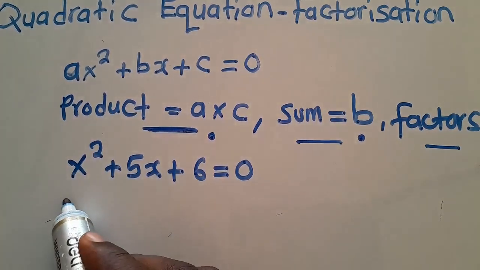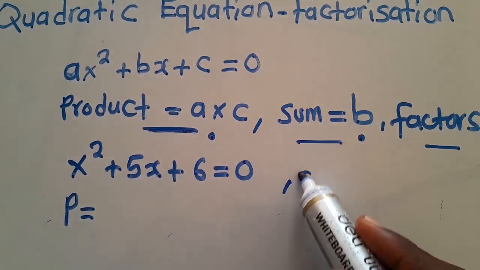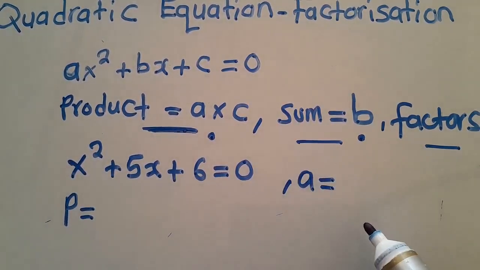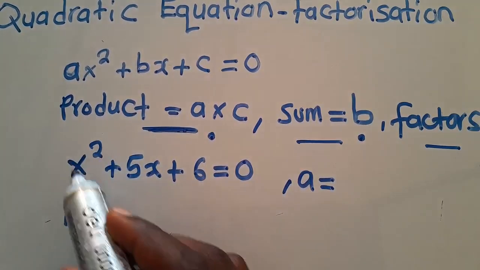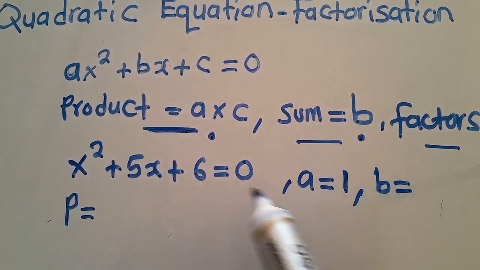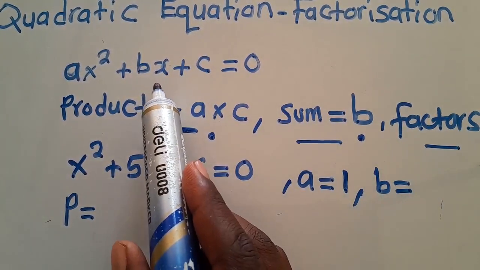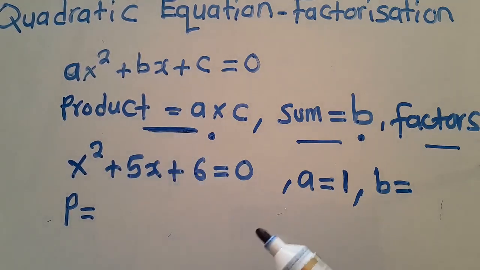So let's find the product. What is your A? A is the coefficient of x squared, that is 1. You move to B. If the equation is not properly written, you need to rearrange it to satisfy the format of a quadratic equation.